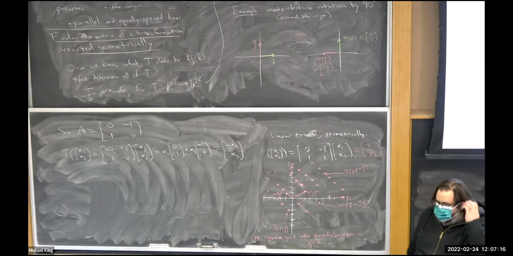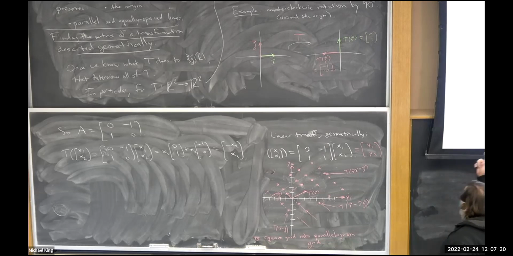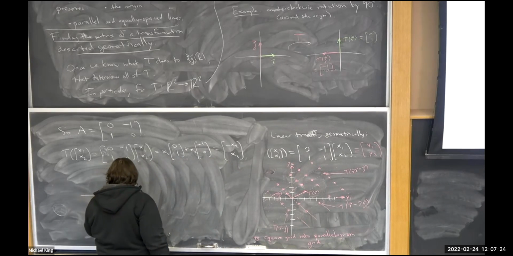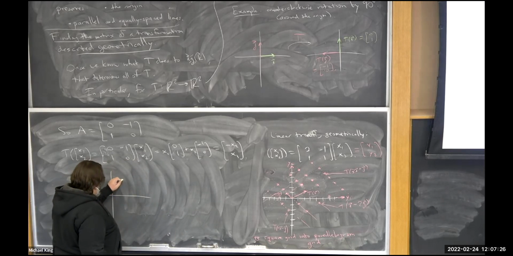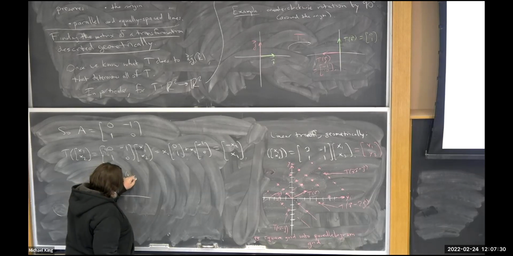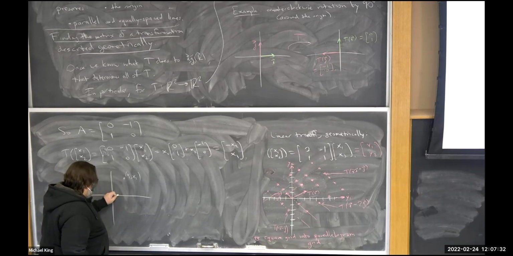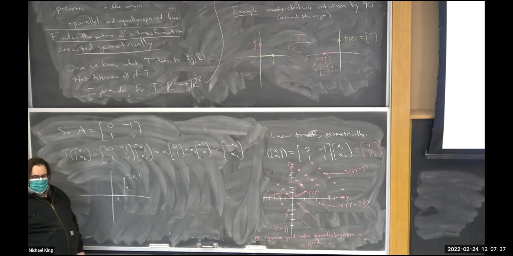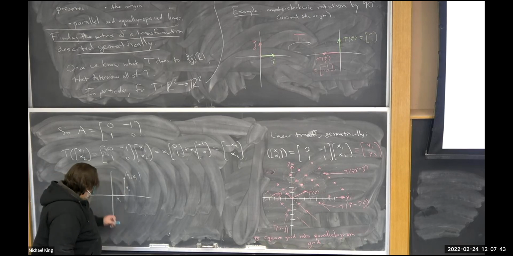Does that make sense? And you can check this, by the way. If I start with a point like (x1, x2), that's over x1 and up x2, and I rotate that by 90 degrees, it's like rotating this whole triangle 90 degrees.